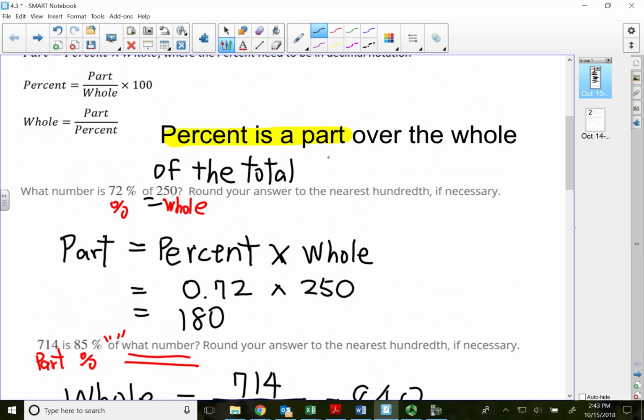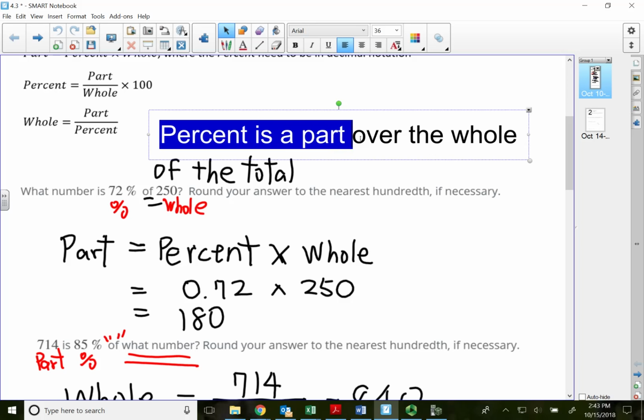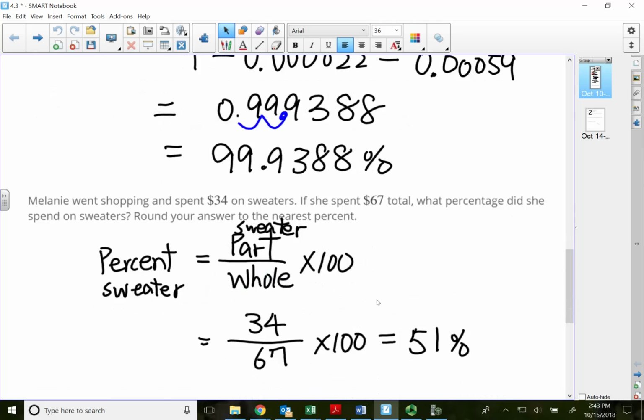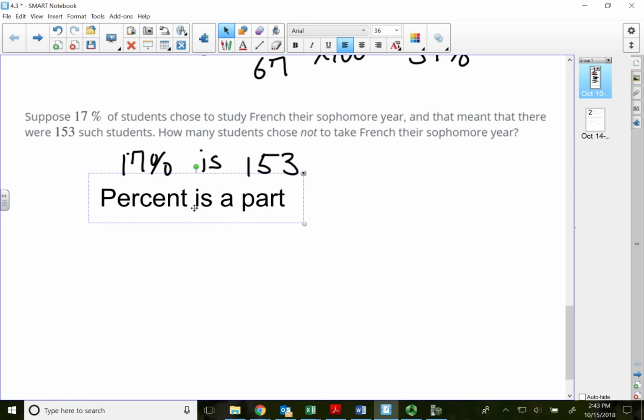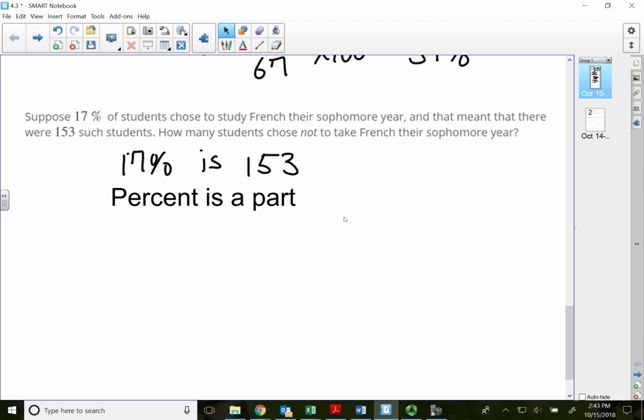All right, so earlier I mentioned the wording percent is a part. So if we know percent is a part, this right here, my 17%, is a part. So that actually makes 153 a part.